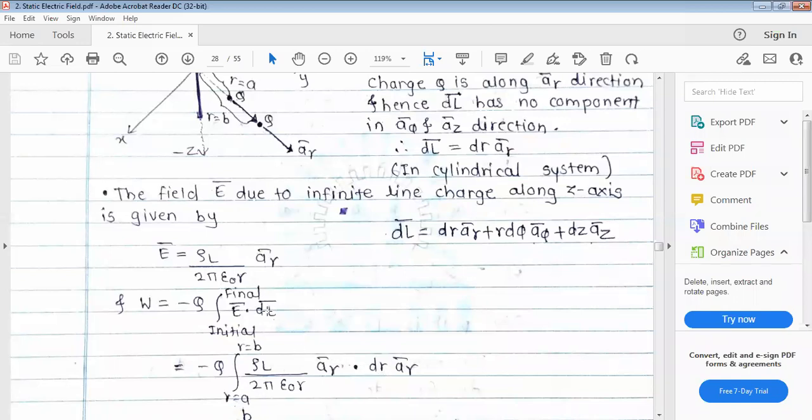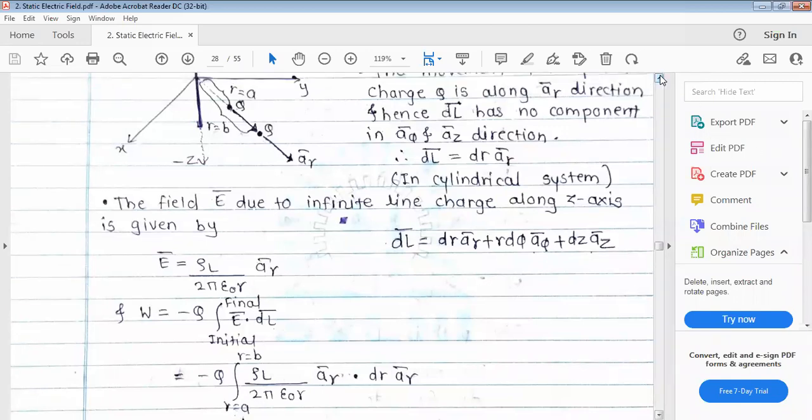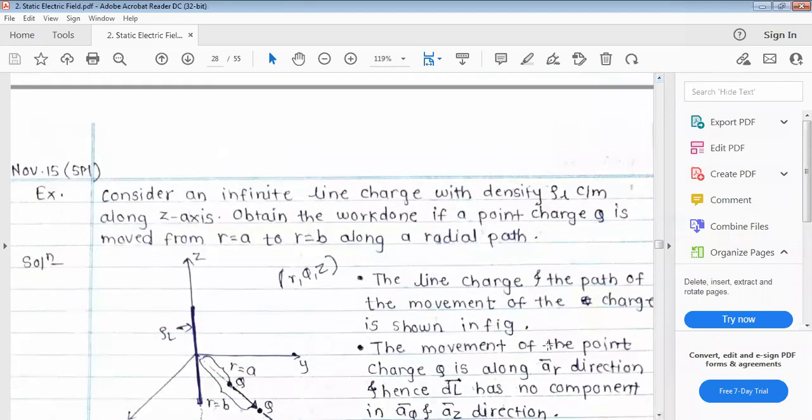Now dL bar means the differential length. For this R, whether you take the coordinates in cylindrical or spherical, it is dr into A bar R. Is anything given?